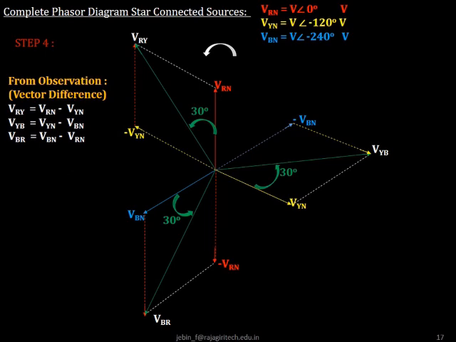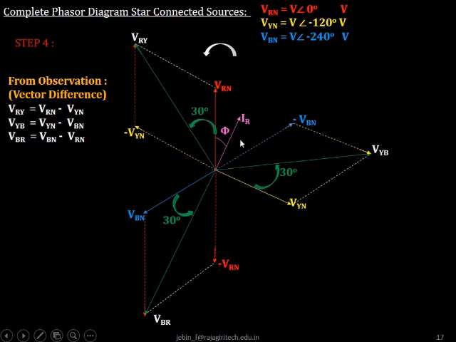Now, in step 4, we are going to represent the line current in a balanced three-phase star-connected system. The first line current I am going to represent is IR. Let us assume the line current IR is lagging the phase voltage by an angle phi.